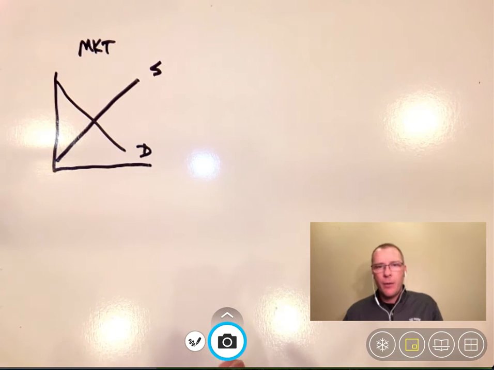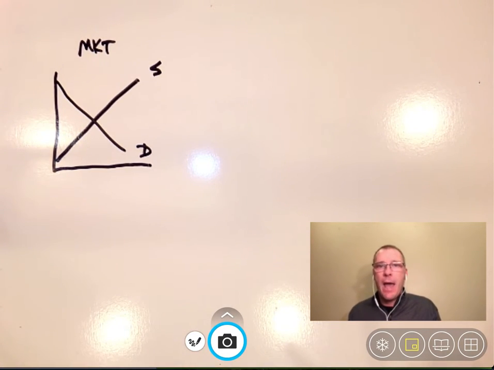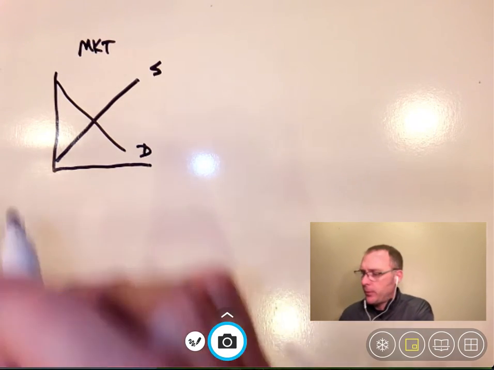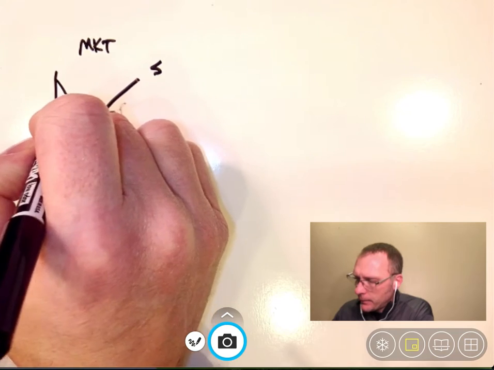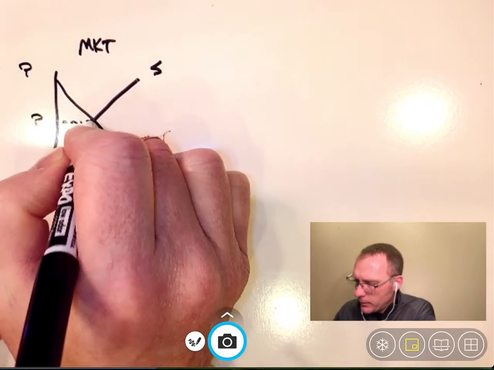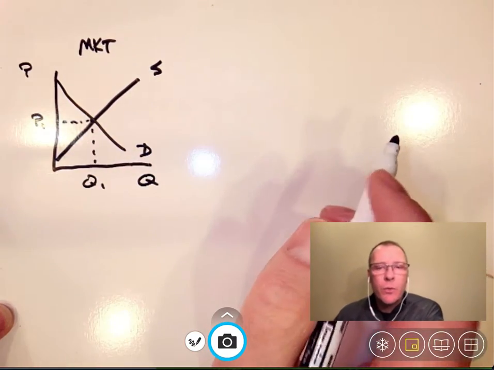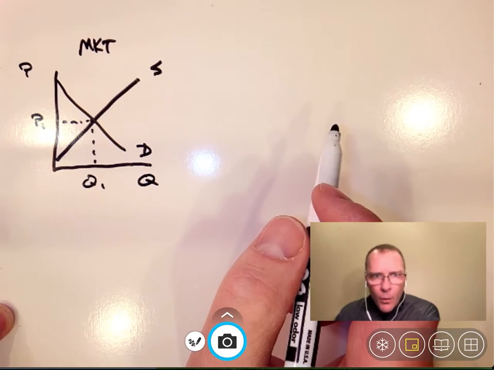Now remember, this product is going to be something like agricultural goods, because it's something that everybody's going to be able to produce kind of the same thing. So here's my price, here's my quantity, this is the price in the market, this is the quantity in the market, P1, Q1.